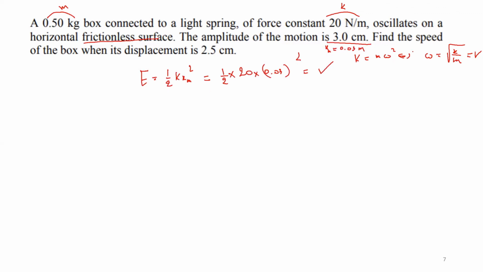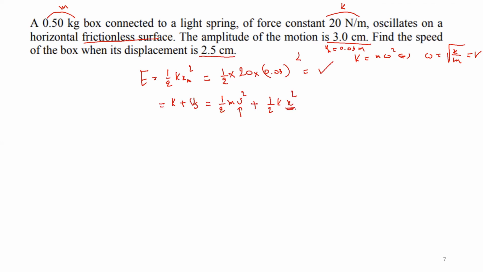The question is, find the speed of the block when the displacement is 2.5 centimeters. You know that the mechanical energy is conserved and is equal to kinetic energy plus spring potential energy, or elastic potential energy. Kinetic energy is 1/2 of m v square, so this is the v that I want, plus US, which is 1/2 of K x square.